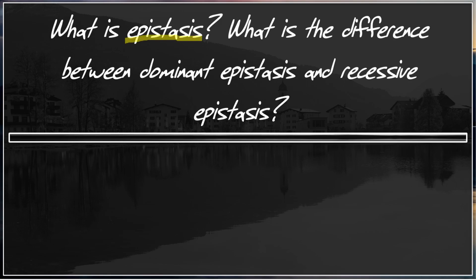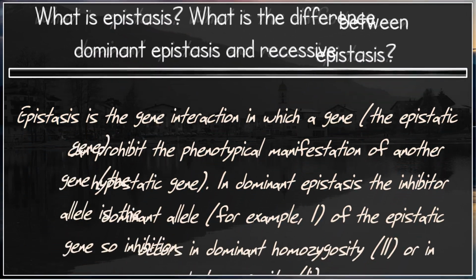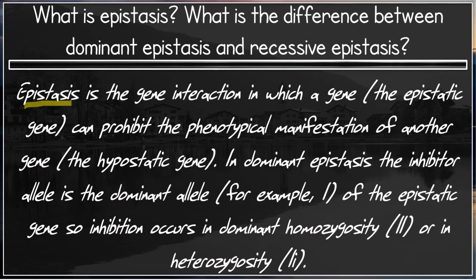What is epistasis? What is the difference between dominant epistasis and recessive epistasis? Epistasis is the gene interaction in which a gene, the epistatic gene, can prohibit the phenotypic manifestation of another gene, the hypostatic gene.